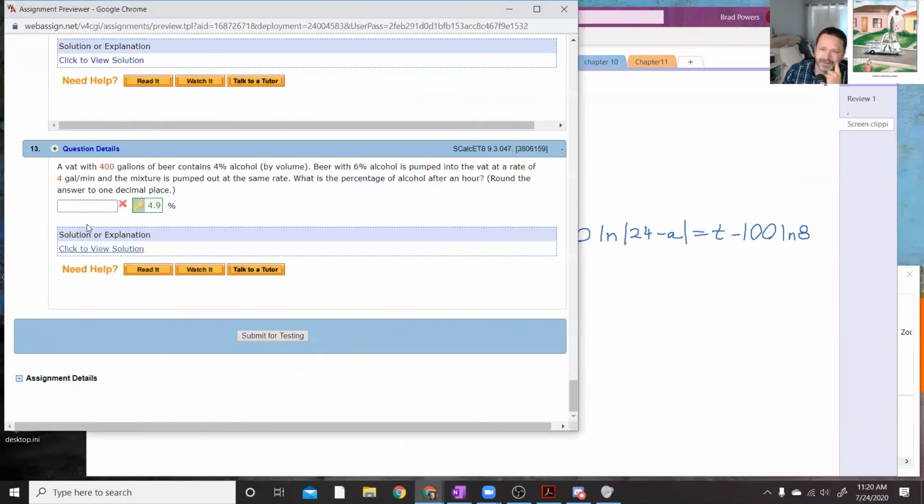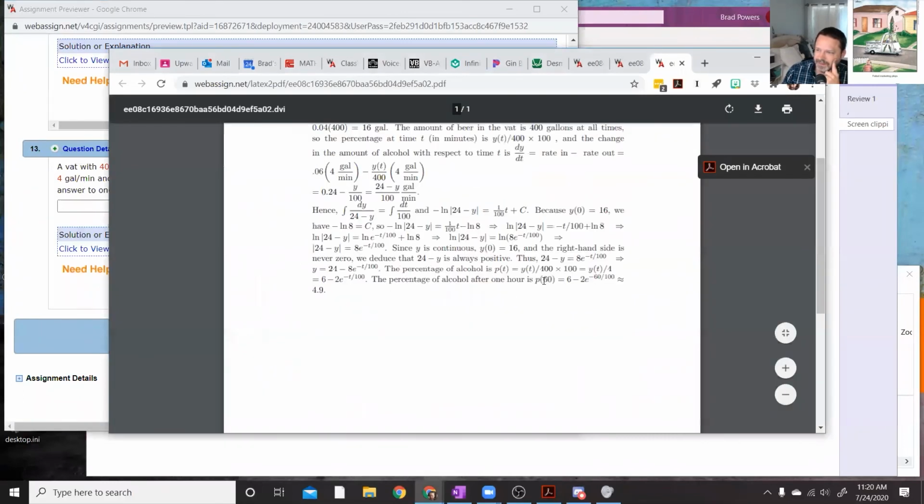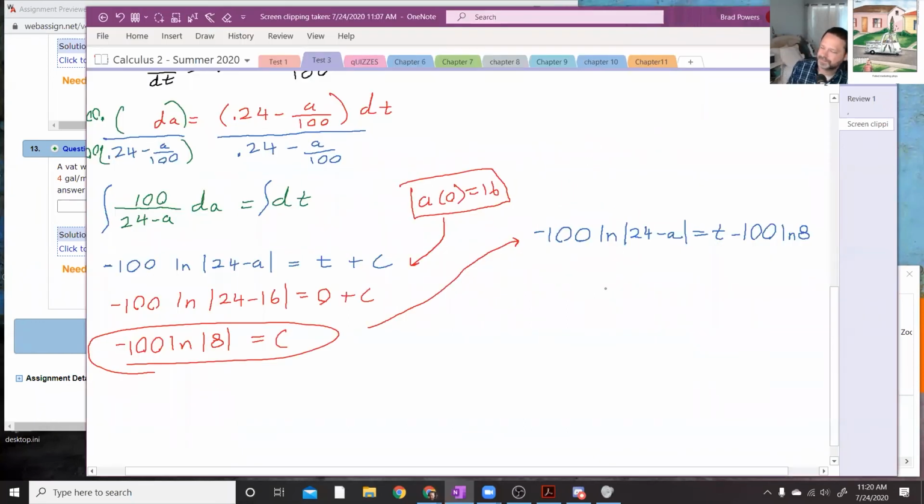I guess, do we solve for a on this? So there it is. Well, I guess so. Let's do it. And then we can find that percentage. So we'll solve for a.